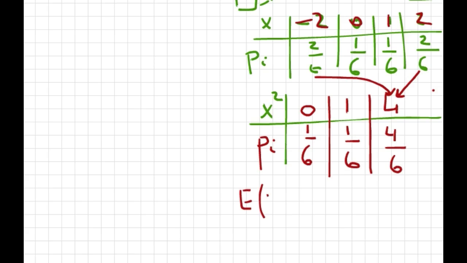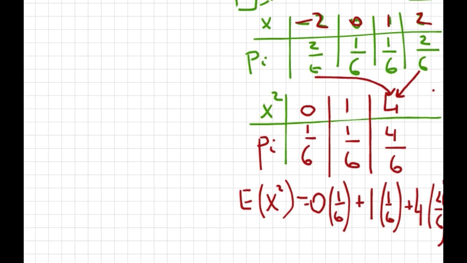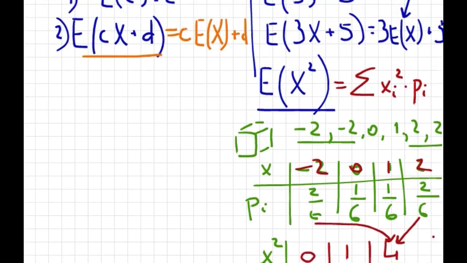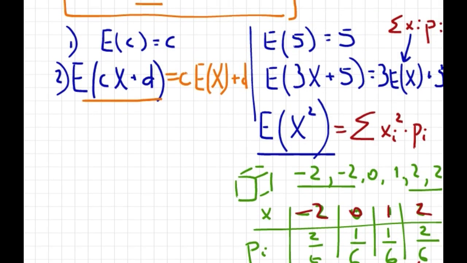So now to find the expected value of x squared, we would need to multiply the x values by their probabilities and add everything up. And if we do that, we just get 0 plus 1/6 plus 16/6, which equals 2 and 5/6. Okay, so now if we go back, what did we start with here?